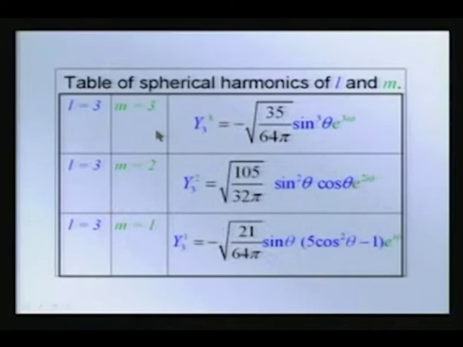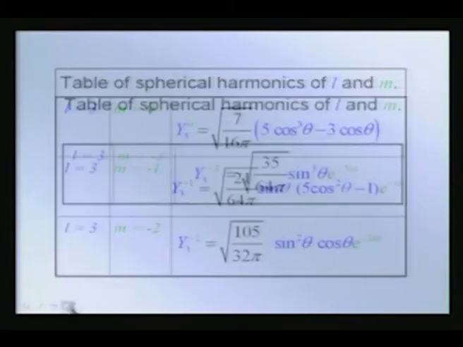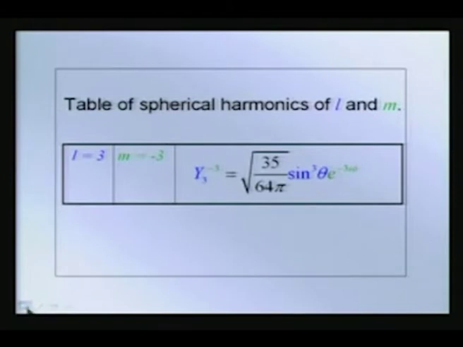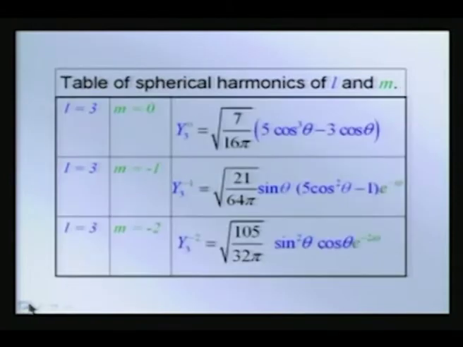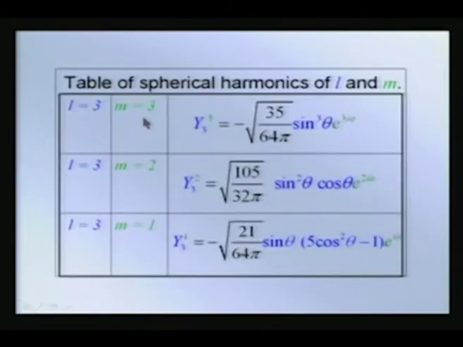So only when you go to the n equal to 4 case, you can have the L equal to 3 possibilities, and for that there are 7 possible values of m corresponding to 3, 2, 1, 0, minus 1, minus 2 and minus 3. So let us look at these functions again. For m equal to 3, now it should be obvious that the phi dependence is e to the i m phi.